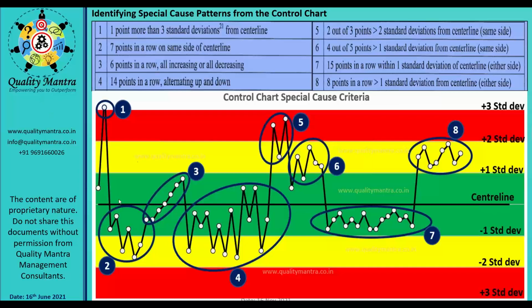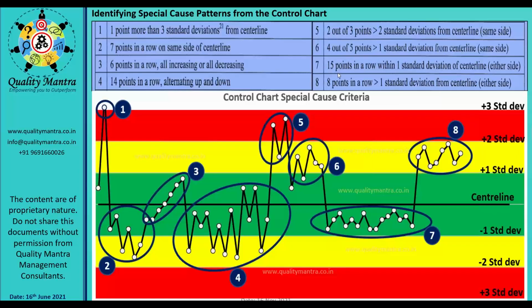If there are alternating 7 points in a row, up and down, in any zone, whether in the green zone or the yellow zone, on the same side of the center line, it means there is a special cause. You need to identify what that special cause is. If 6 points in a row are continuously increasing or decreasing, there is a special cause. So you need to compare. This is a very important slide, and this is as per the AIAG SPC manual.